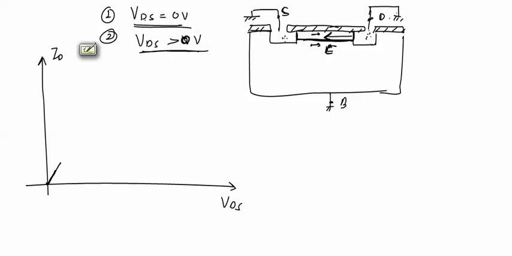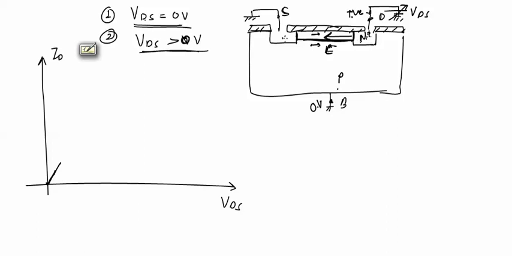But at the same time, when VDS is increasing, for example, if we apply positive VDS, then the drain is at positive potential and the source is at zero potential. So the N type material is at positive potential, and the P type material is at zero potential.